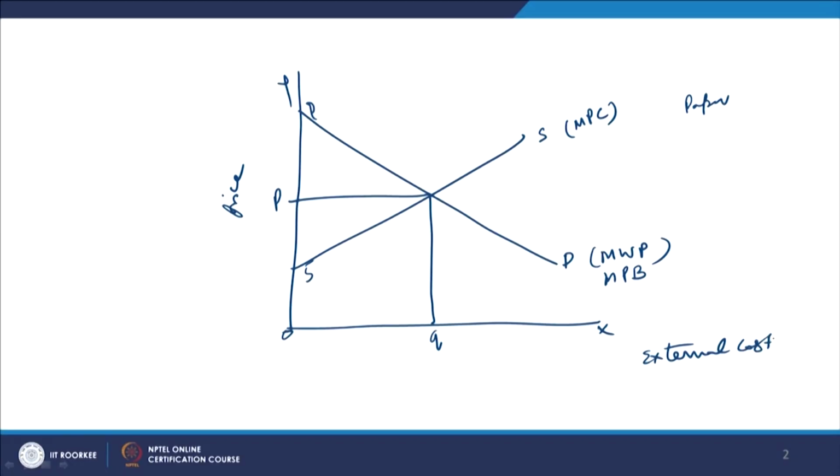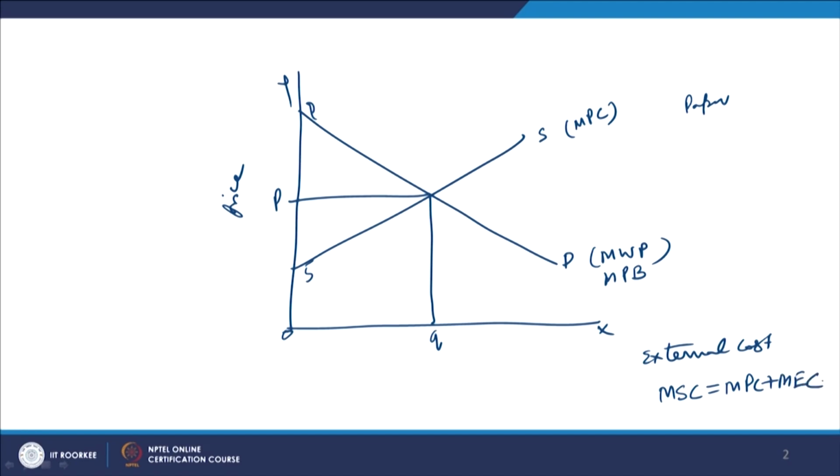Now, how you take this external cost, whether as a per unit increase or a lump sum, will tell us the shape of the marginal social cost. So, marginal social cost is marginal private cost plus marginal external cost.